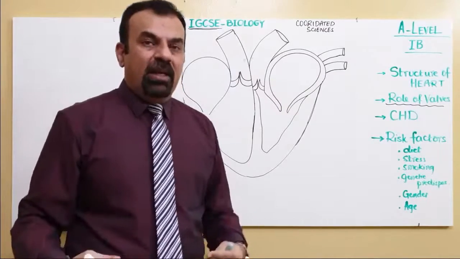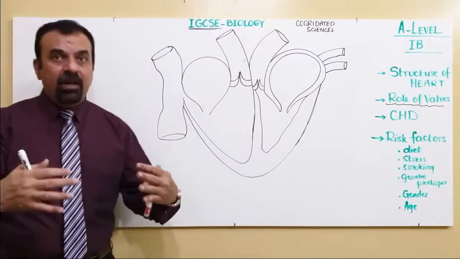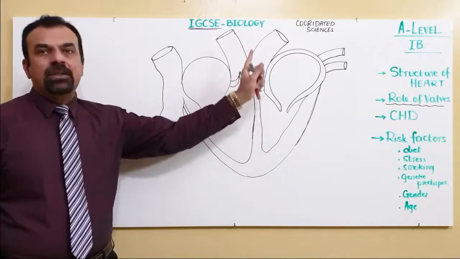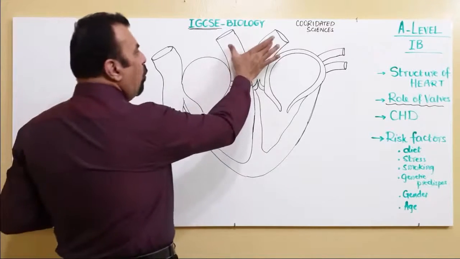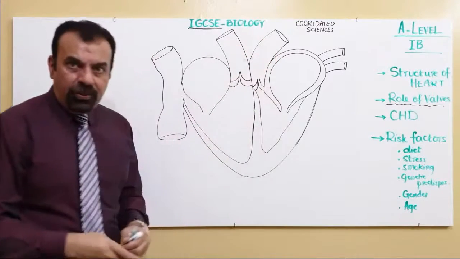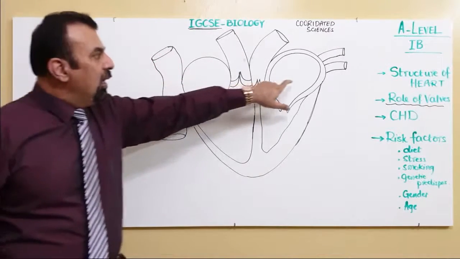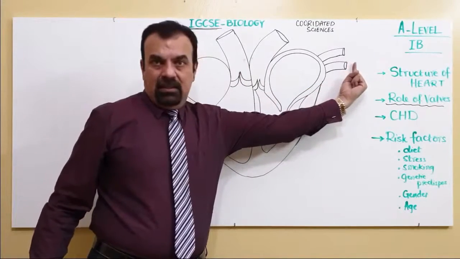Atria always receive blood. So atria are receivers. A is R. Atria are receivers. Ventricles are givers. Ventricles push blood into the blood vessels called arteries. So it means that both of these are arteries, and both of these atria are connected to the veins.